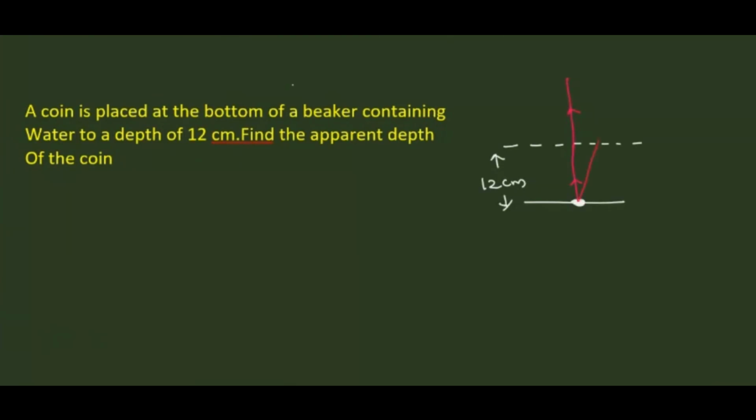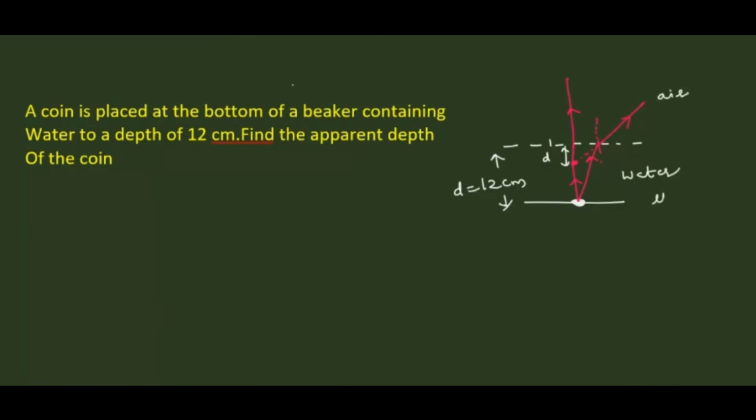Next one is oblique incidence. This is a refracted ray. These two refracted rays appear to come here. So this is the apparent depth, denoted by D dash. The actual depth is D. This is water, so the observer is in air.